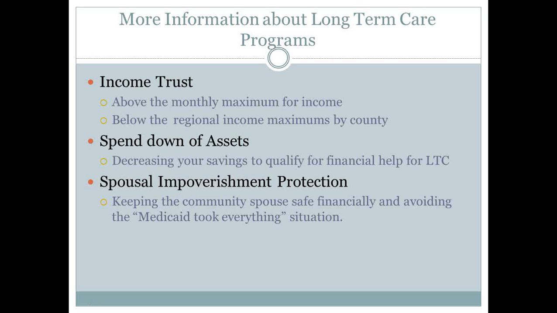So the maximum usually is the $119,240. That can be above that on a case-by-case basis, but again, the determining factor of that is the Department of Human Services and the rules that they have behind that.